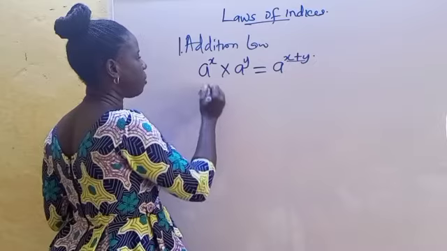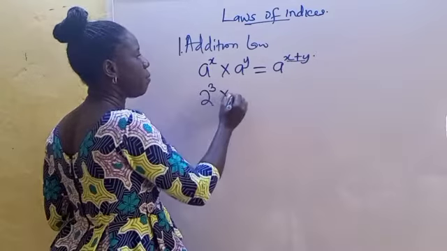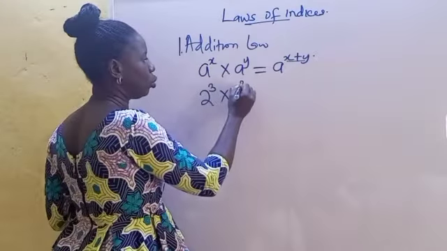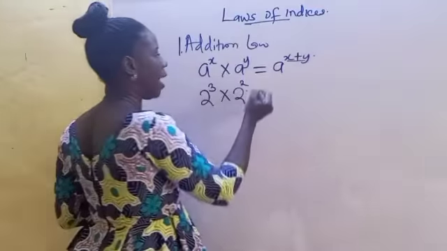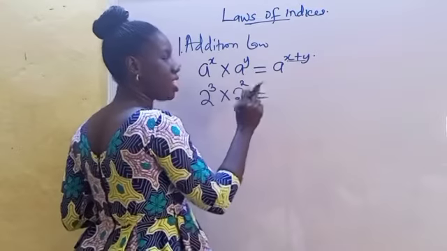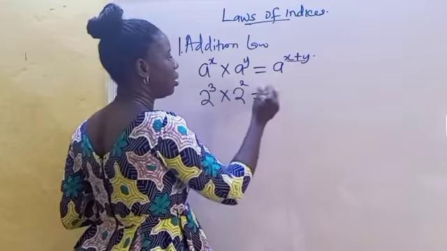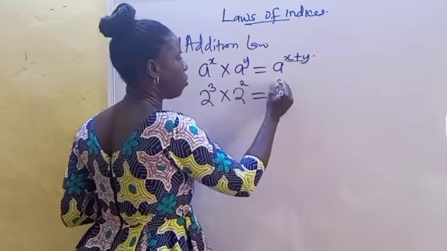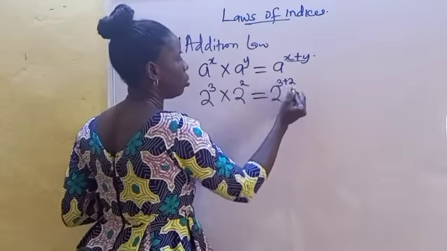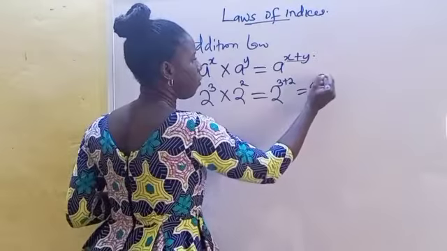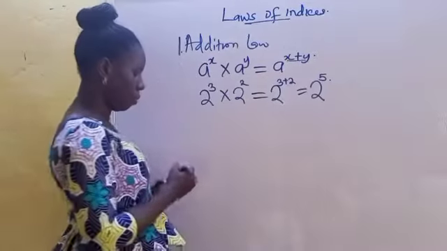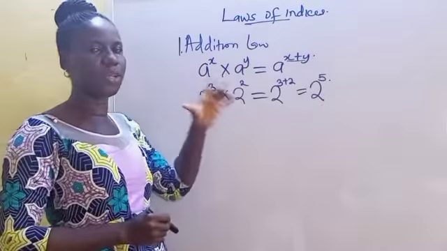If we have 2^3 multiplied by 2^2, applying this first law of indices, we would know that 2^(3+2) will give us 2^5. Is this actually true?